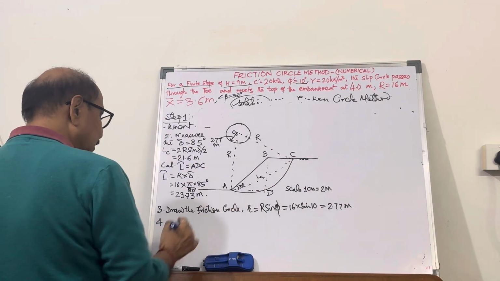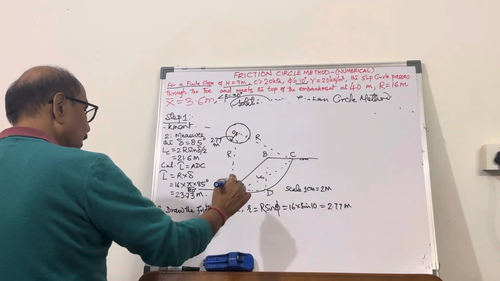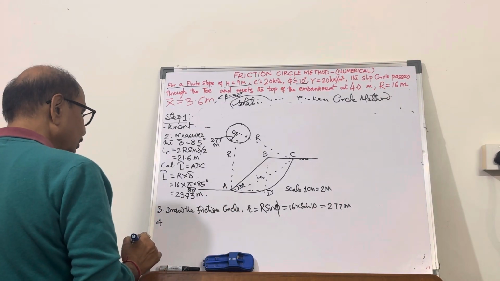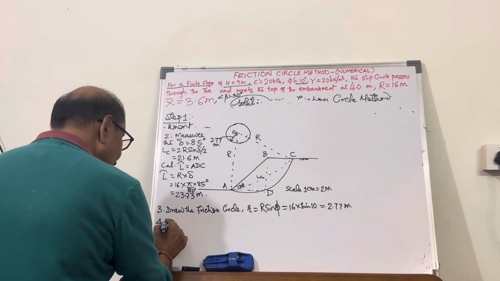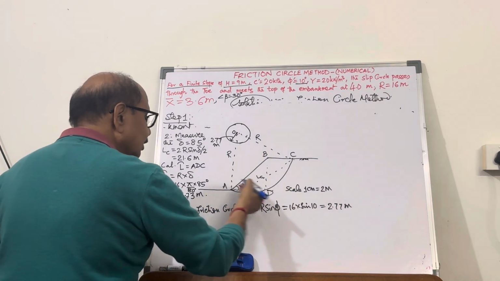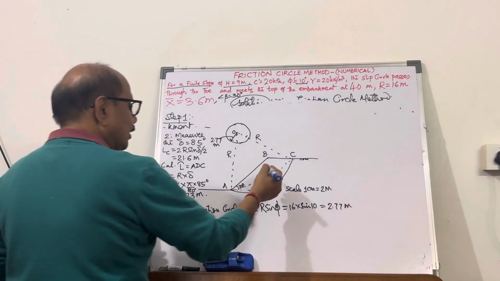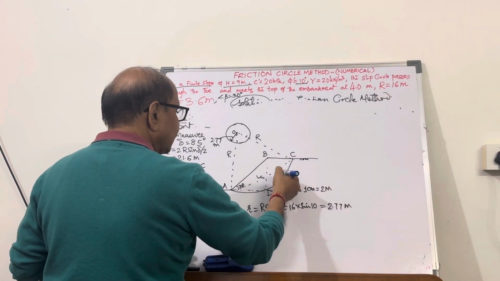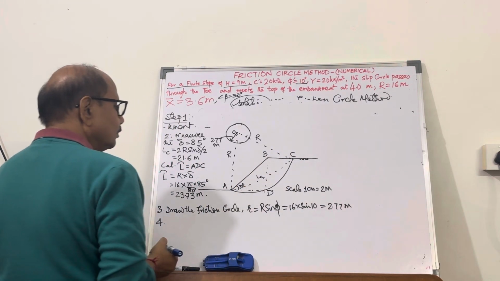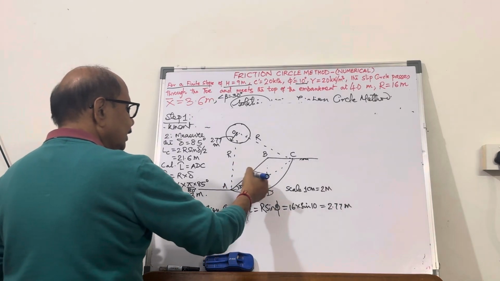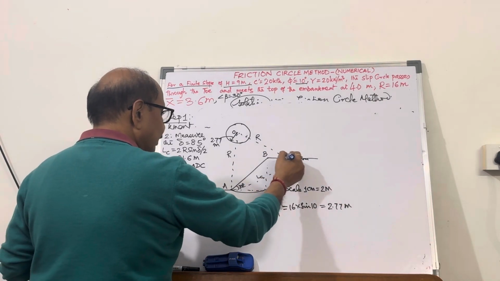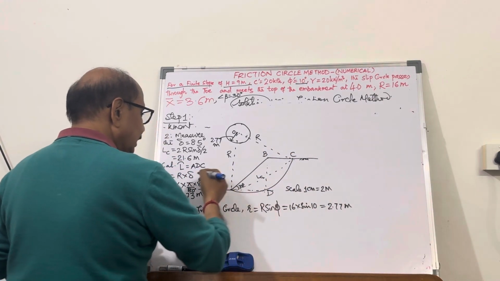So parallel to AC, the mobilized cohesion will take place. Before that, you can also calculate the weight of this particular complete slice, which is A, B, C, D, A.